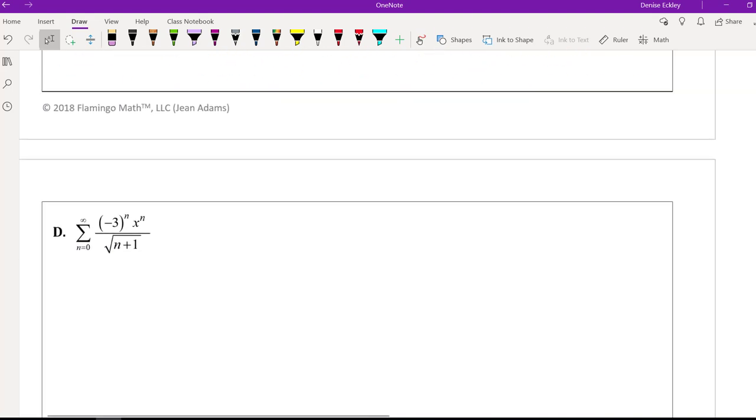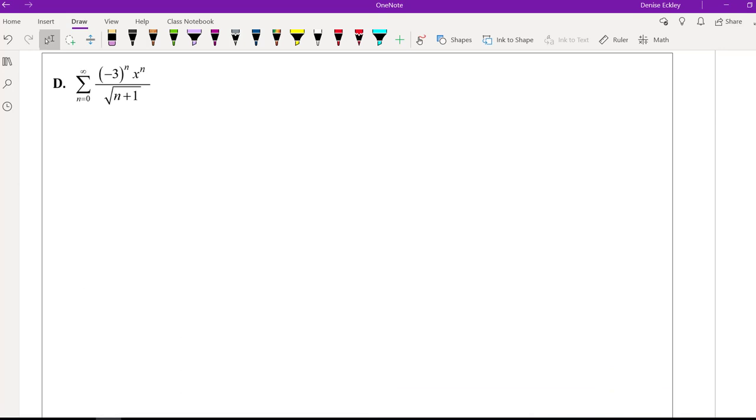So example D then, we have negative 3 to the n times x to the n over the square root of n plus 1, and our summation is from 0 to infinity. So again, let's do our ratio test.